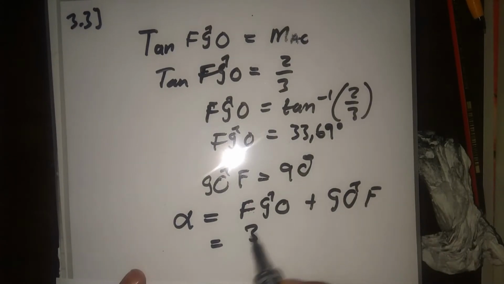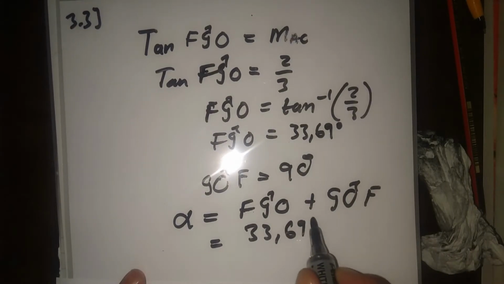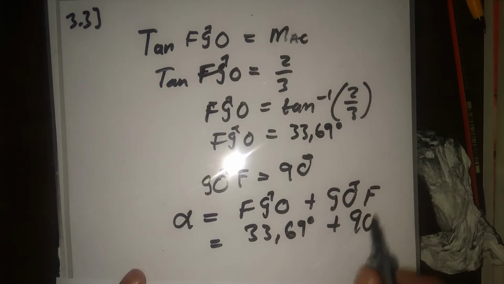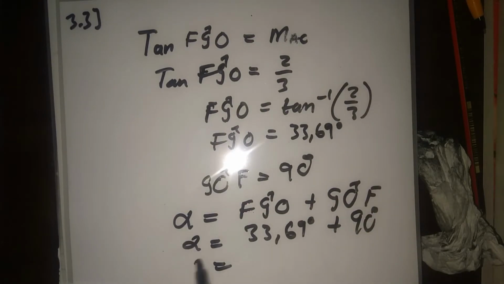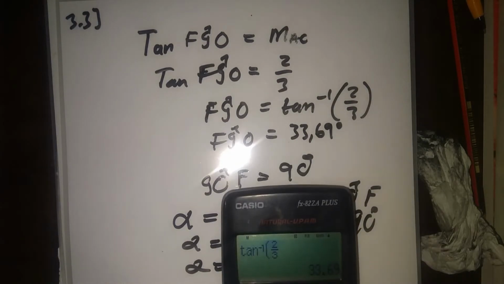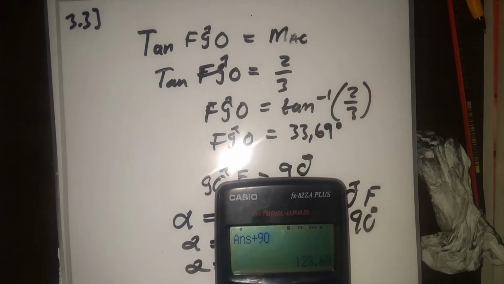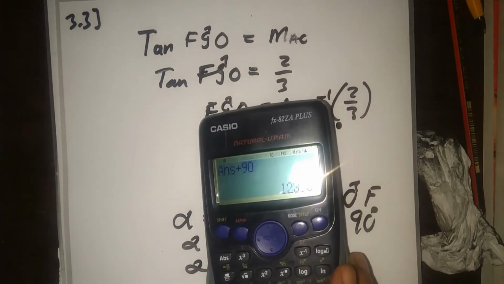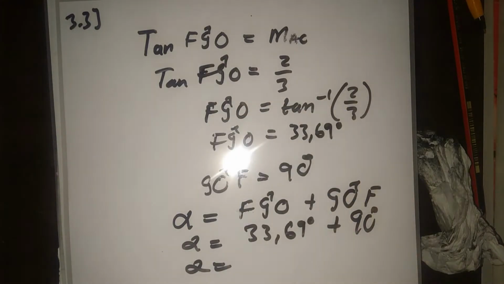So 33.69 plus 90 degrees is what? It's 123.69 degrees.